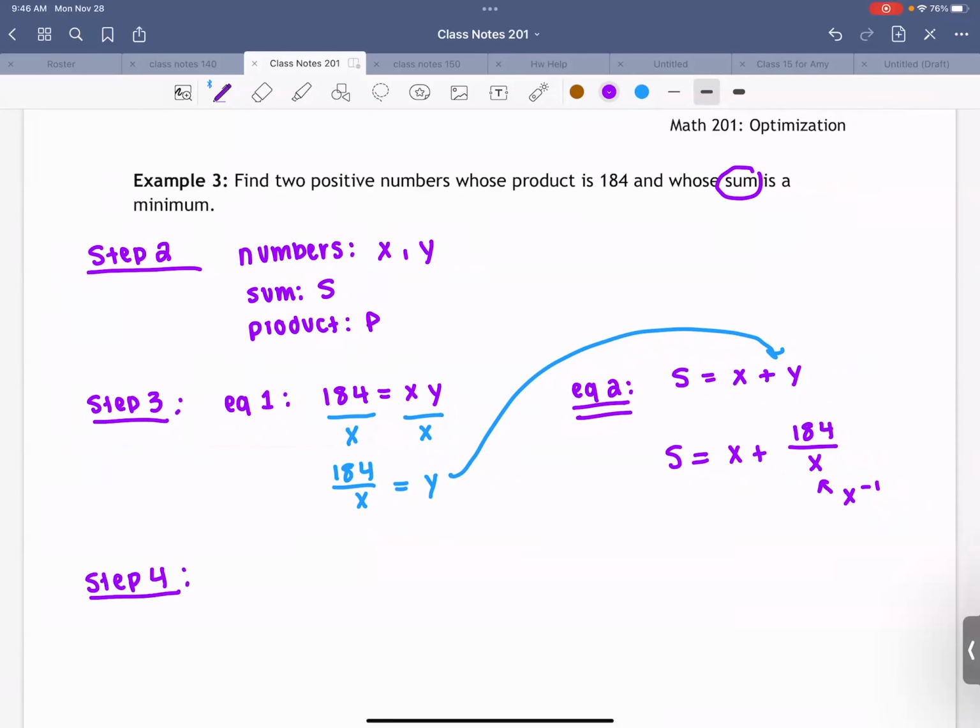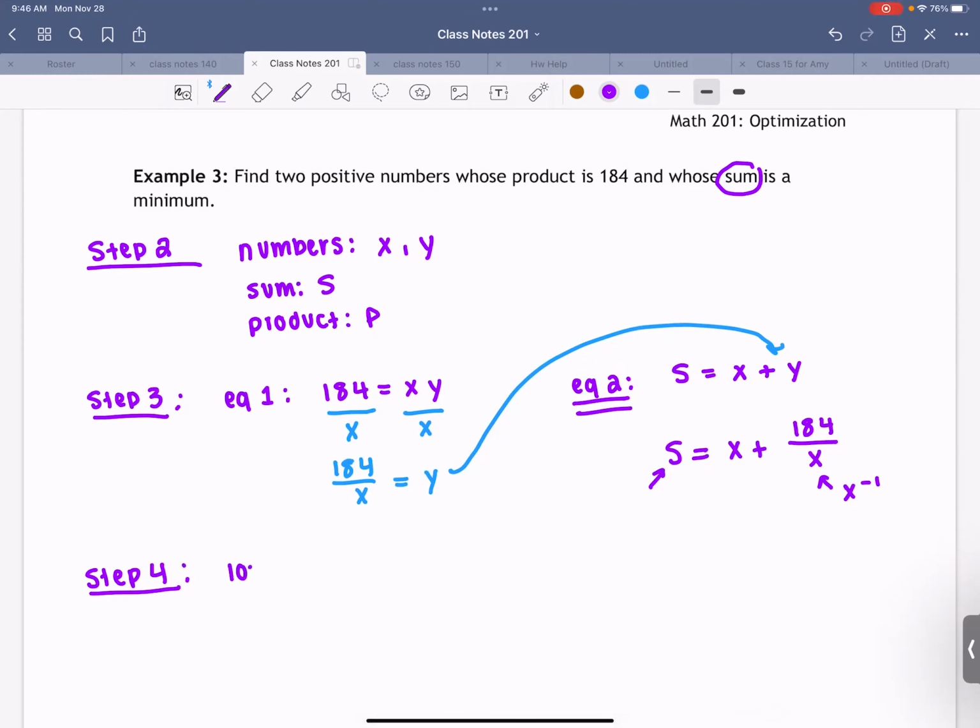What values of x can I plug into this equation? We all agree that the lowest x can go is 0, right?